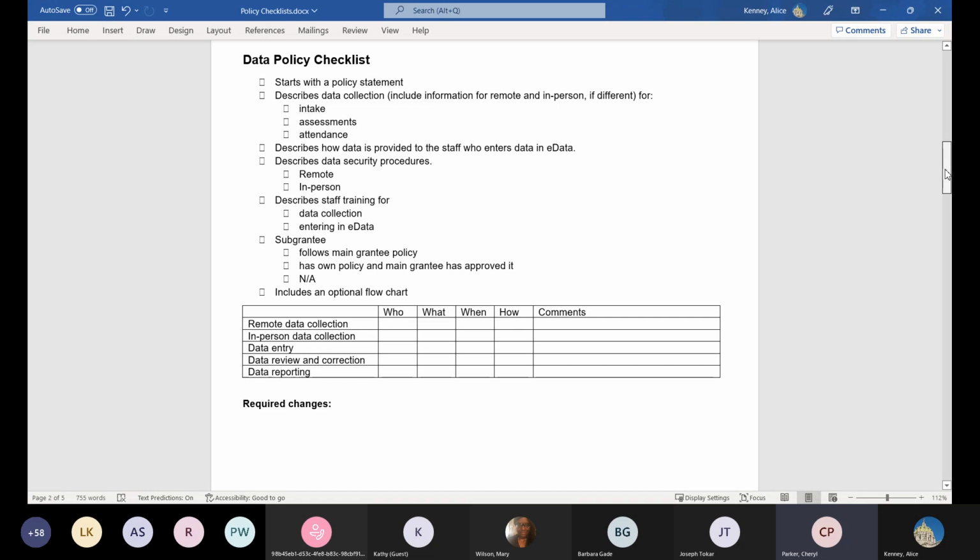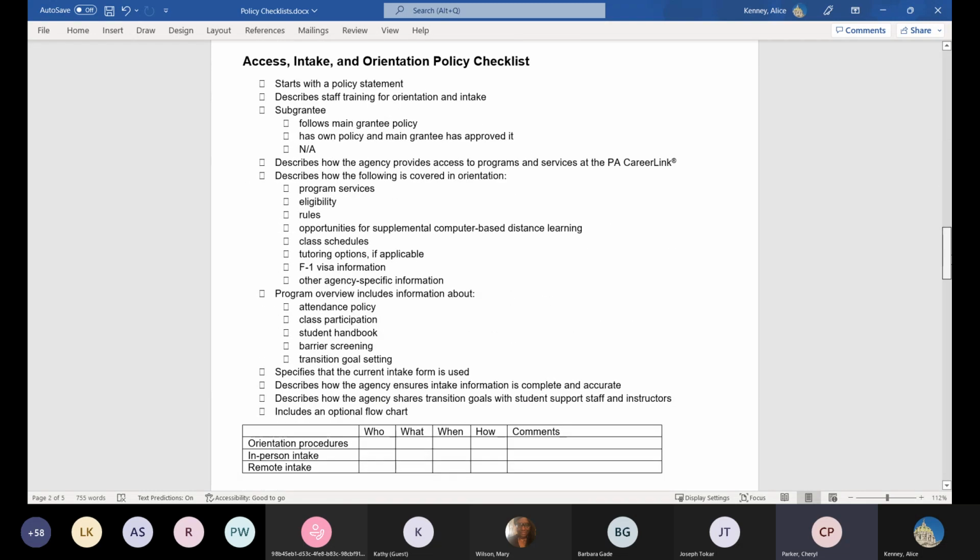Moving right along, next is access, intake, and orientation. I'll point out here the fifth topic, that last entry: describe how the following is covered in orientation, other agency-specific information.